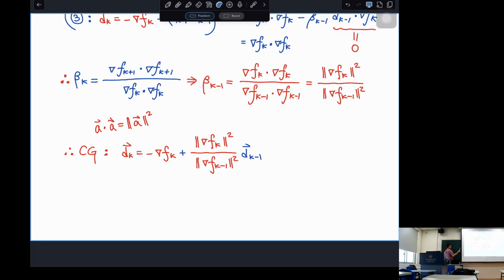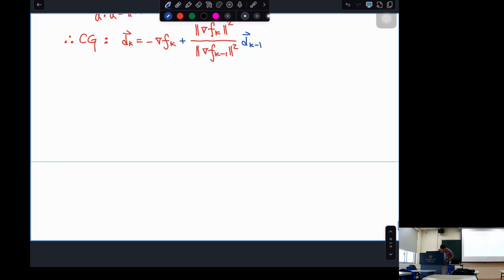So if you want to move along this new direction, you can move along the negative gradient plus this multiplier times the previous moving direction. Okay? So now I will tell you the solution process of conjugate gradient. Finally, the solution process.